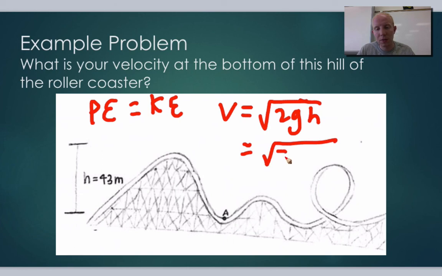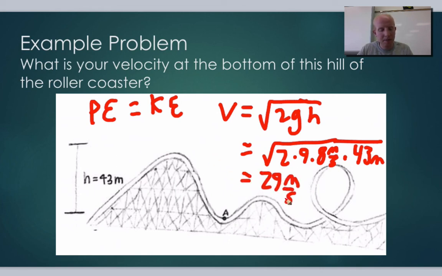It's the square root of 2 times 9.8 meters per second squared times 43 meters. And when all that is said and done, we get that the final velocity at the bottom of that hill should be 29 meters per second. That's a really tall roller coaster and a really fast hill.